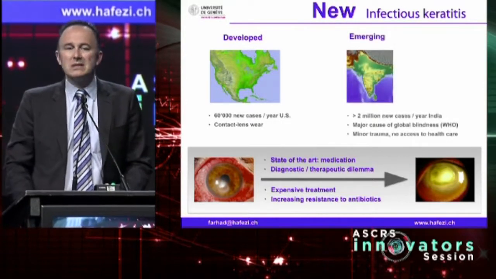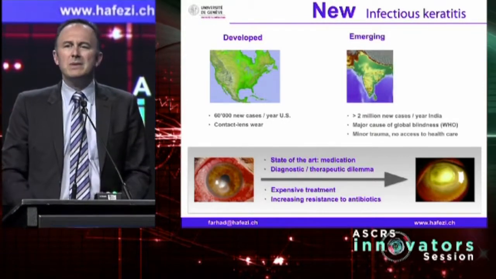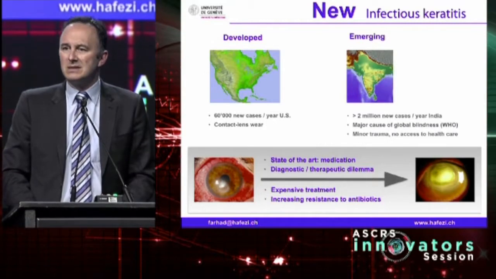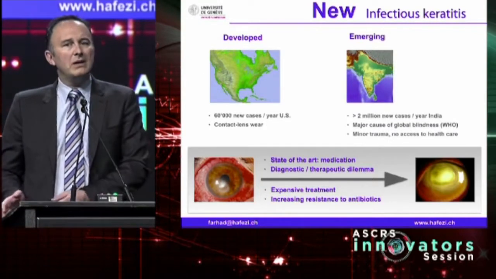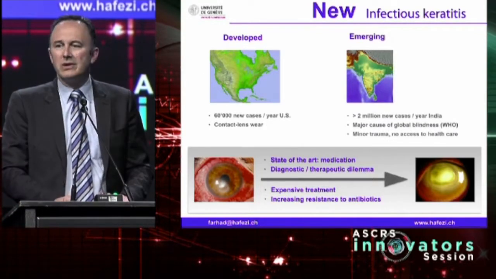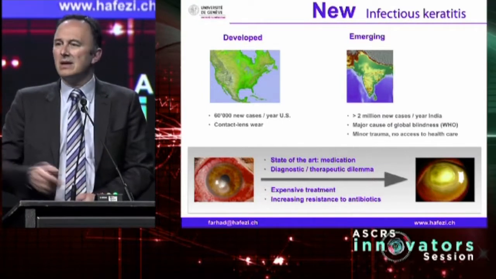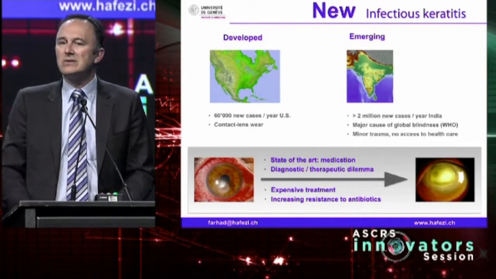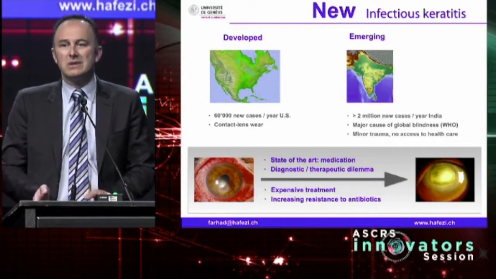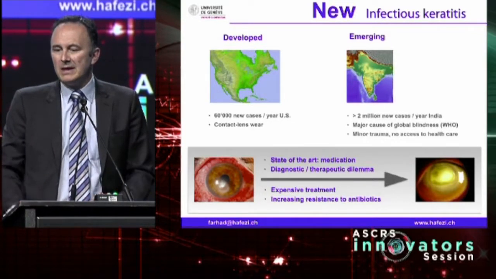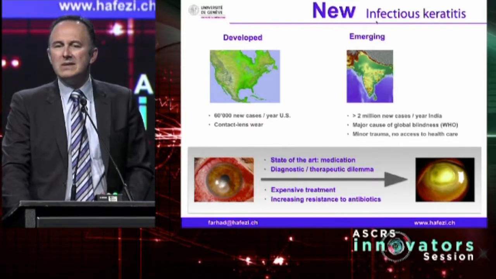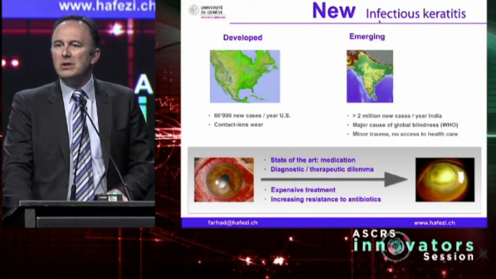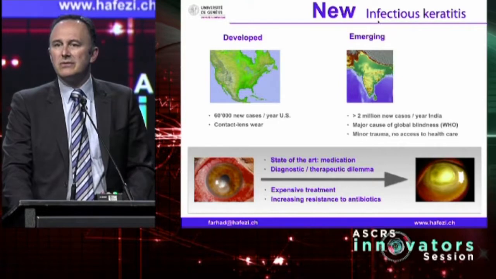We have data for India, where we speak about an estimated 2 million cases every year: minor corneal trauma, farm worker, no antibiotics, little income per day, cannot afford the antibiotics, and little to no access to the healthcare system. These people will lose their corneas and their eyes. So, taking this all together, it is a leading global cause of blindness.